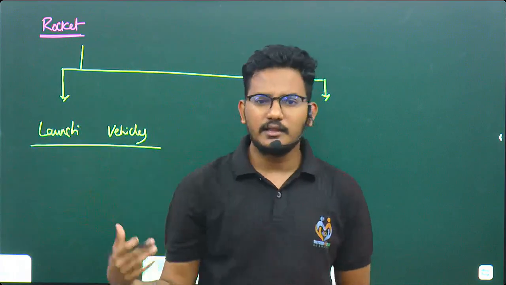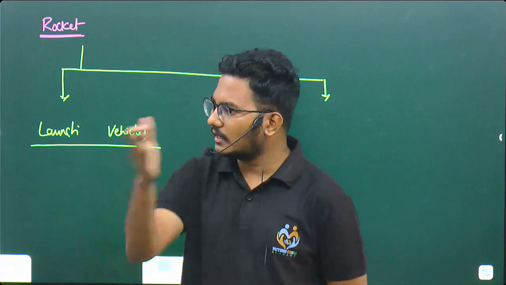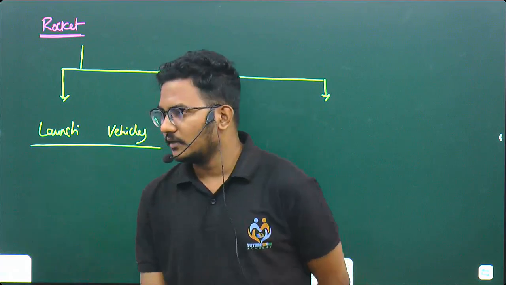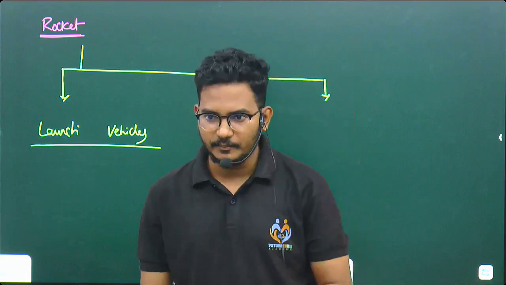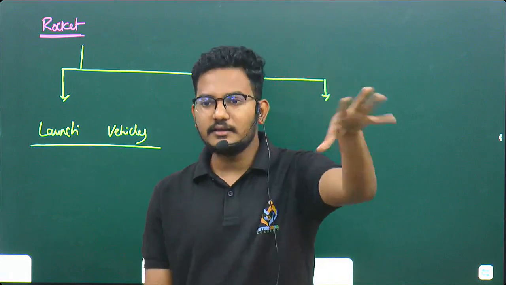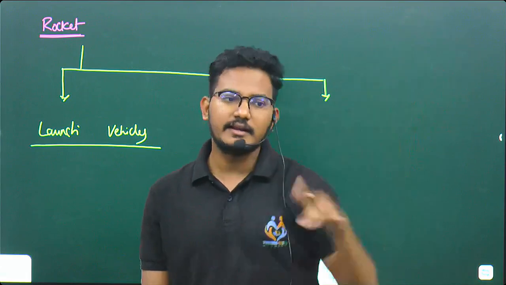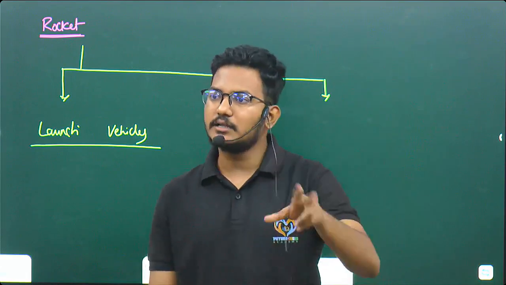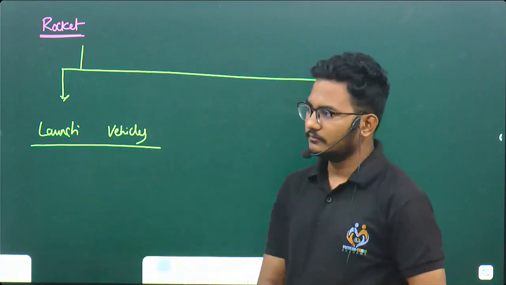It will carry either some astronauts or some satellites. If they are carrying astronauts, they'll do some research over there and get the data. If they are carrying satellites, these satellites will read the Earth's surface or the surface where they have been sent, and send the data. So these two data are important for us. So this is the constructive work of a rocket.